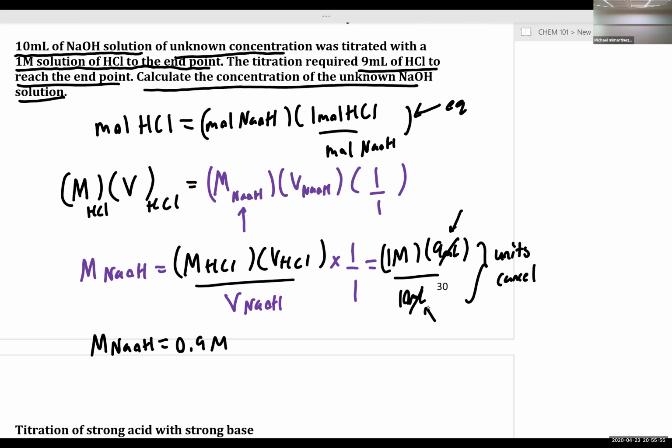But since we're doing it as a one-line solution, you don't have to. Does that make sense? As long as your units cancel for volume, you're fine. But you certainly can convert to liters if you prefer.